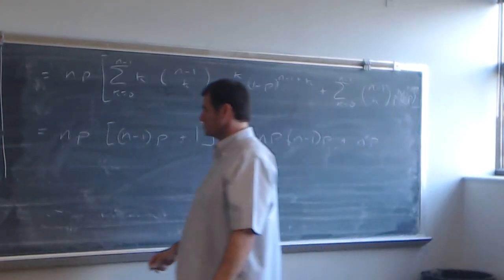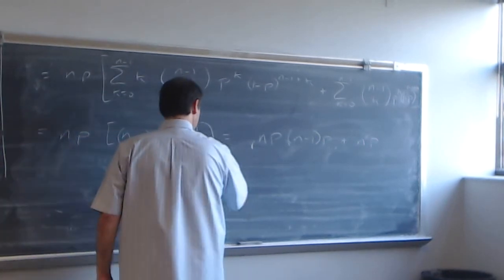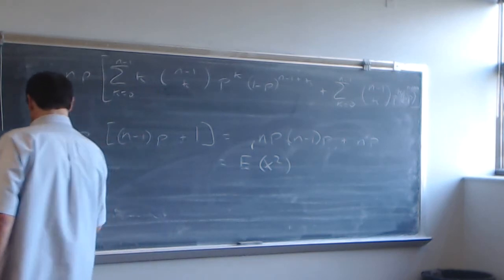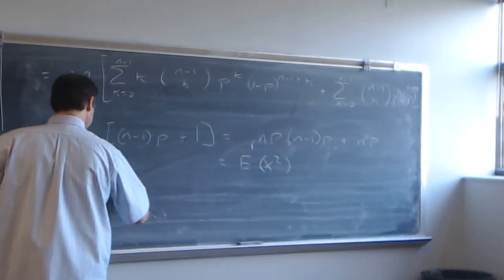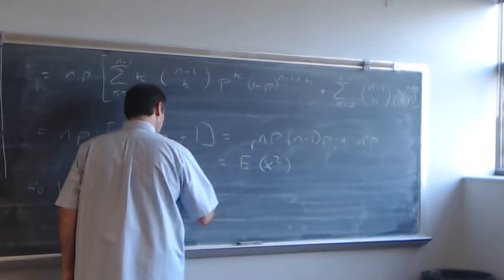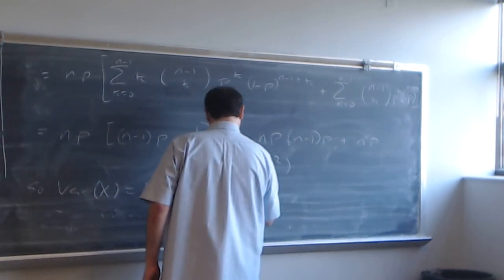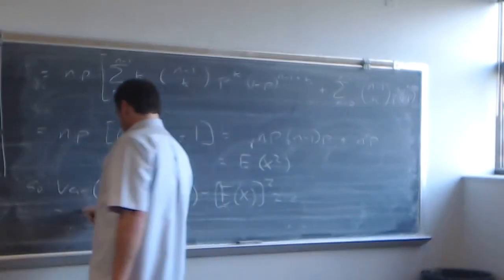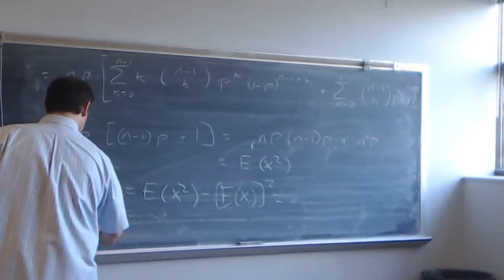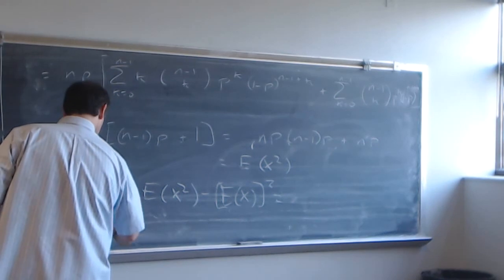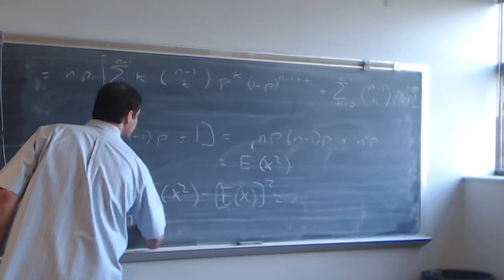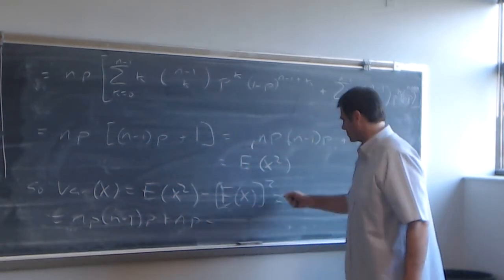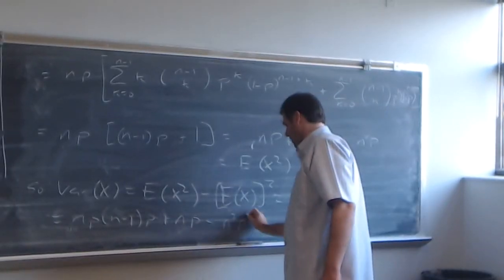Now, what was it that I just found? Well, that was the expected value of x squared. So the variance of x, which is what I'm interested in, is the expected value of x squared minus the expected value of x, squared. Well, look, it's this quantity right here, so it's equal to np times n minus 1 times p plus np, minus the expected value of x we showed was np, so it's n squared p squared.